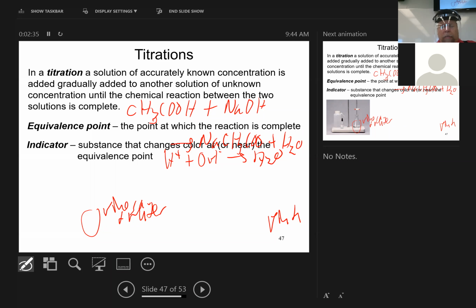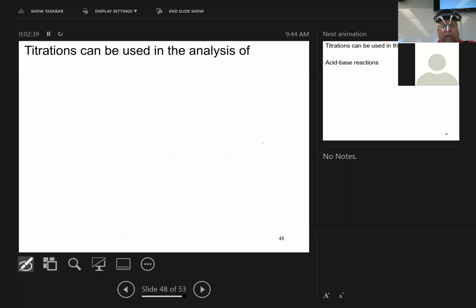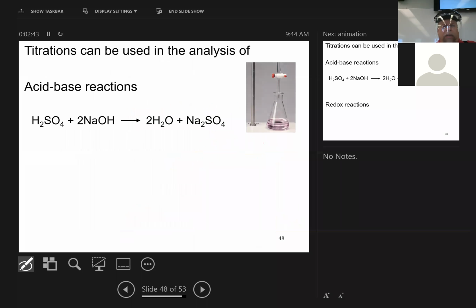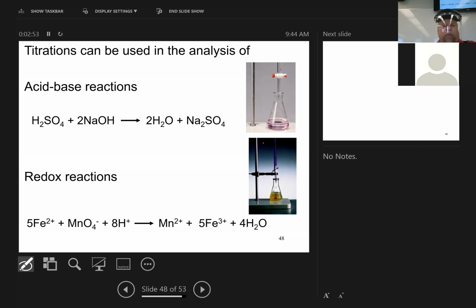So essentially that goes to the titration. In acid-base reactions, you can react sodium hydroxide with sulfuric acid to form water and sodium sulfate, or in your case, you've got vinegar with this, and it makes sodium acetate, which looks like that.